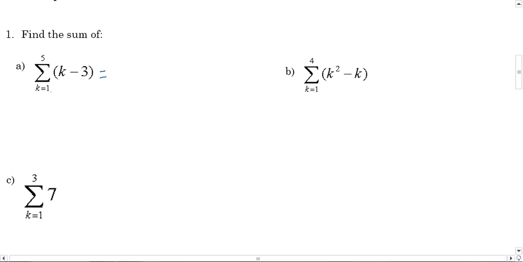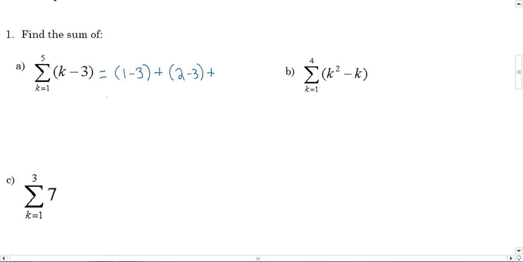I'm going to start with my lower index, so k equals 1. I plug in 1 into k, and then subtract 3, so just copy that. And then plus, because that's where the sum comes in. Then I go up to the next index, k equals 2, and I sub that into k, so 2 minus 3, and then plus.